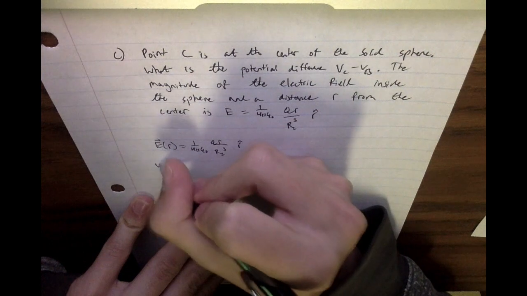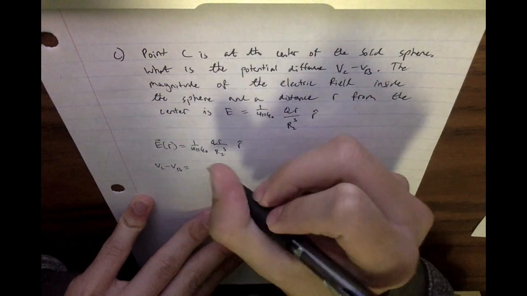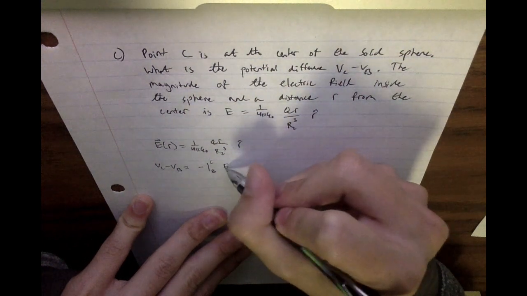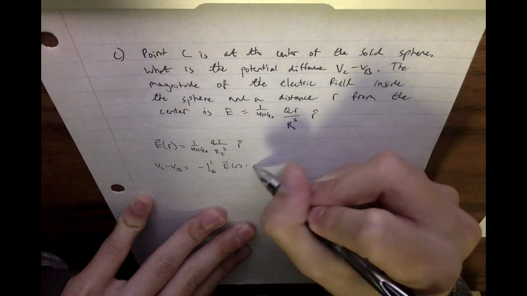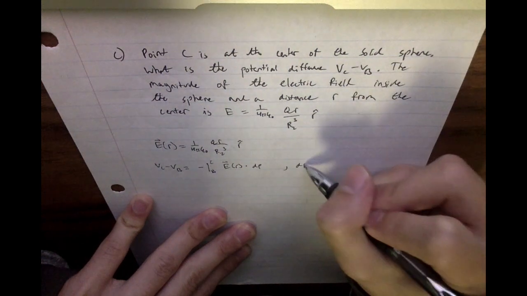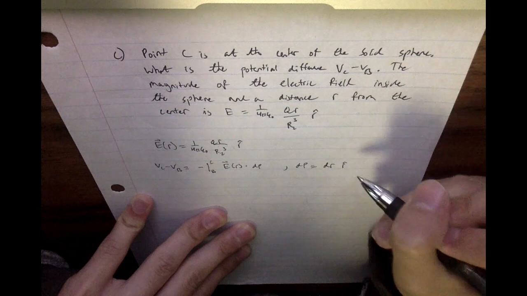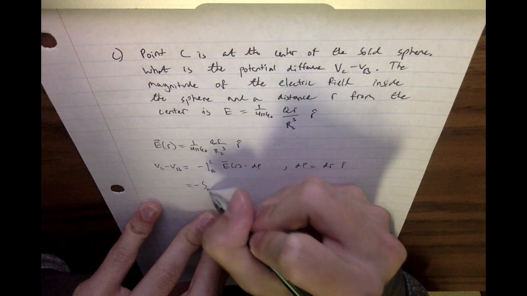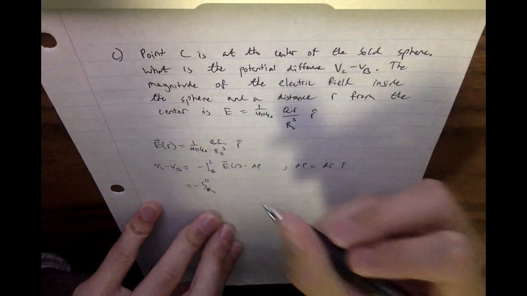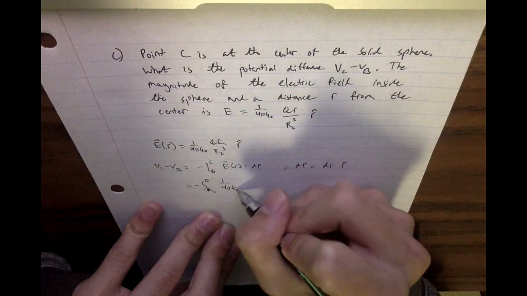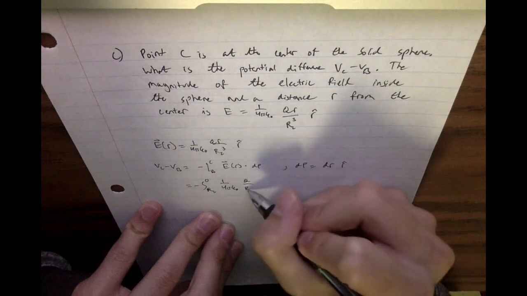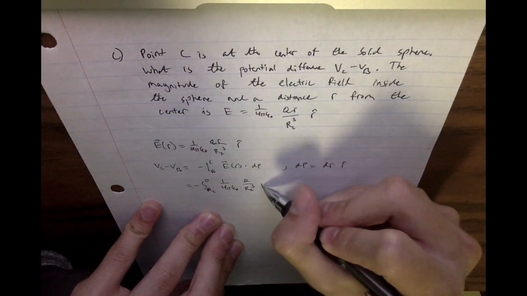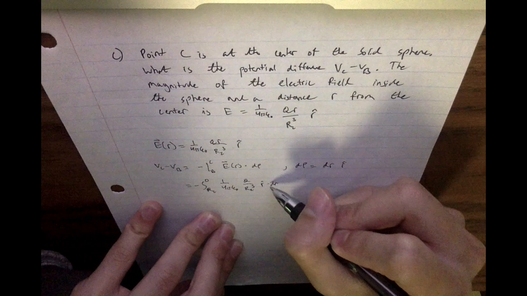And so VC minus VB equals negative integral from B to C of E of r dot dl, where we can say dl equals dr r hat. So now we have this equals negative integral from R2 to 0 of 1 over 4 pi epsilon naught Q over R2 cubed of r r hat dot dr r hat.